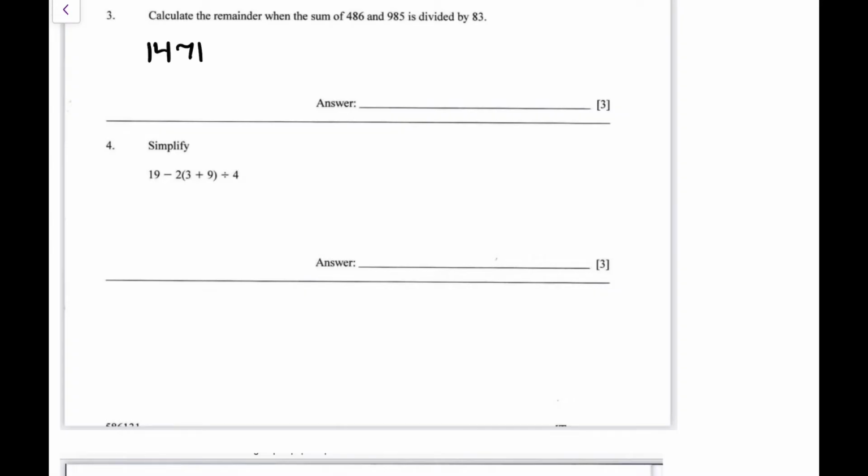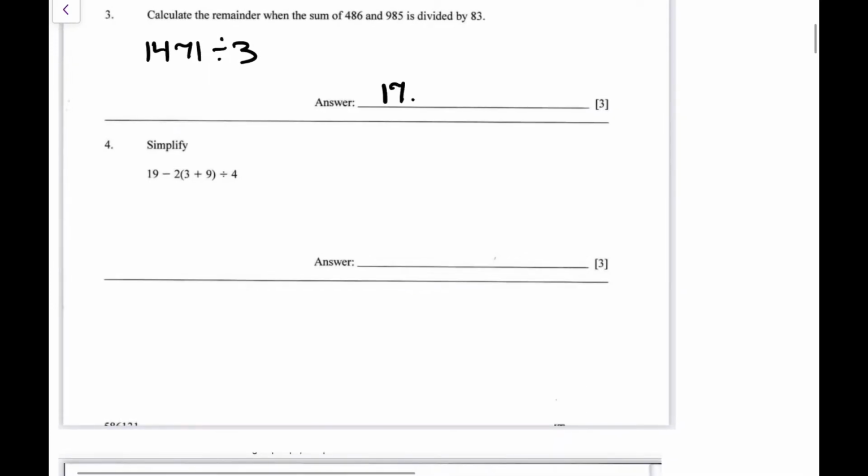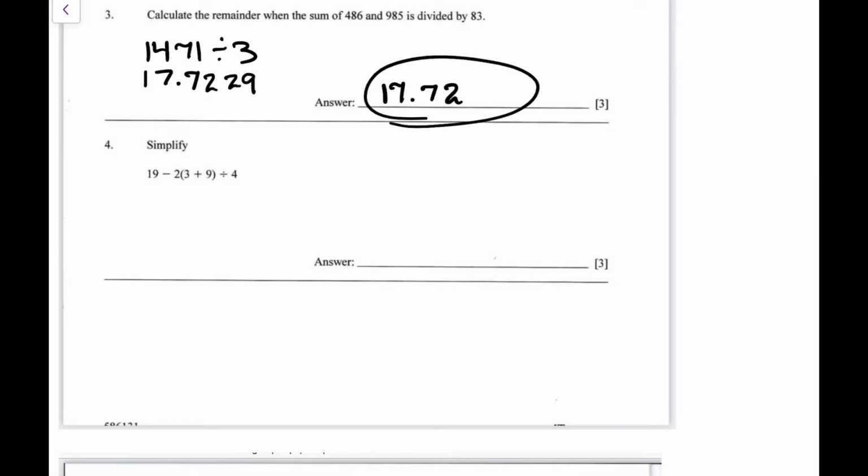And now they said that we want to divide that by 83, and that's going to give us 17.72. Normally they like 2 or 4 decimal places. I feel like we use 4 decimal places when we're dealing with trigs and just sine, cosine, and tangent. So I'll just write the 4 full decimal places over here, but it's basically 17.72.